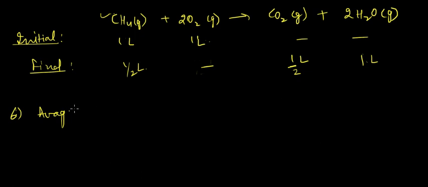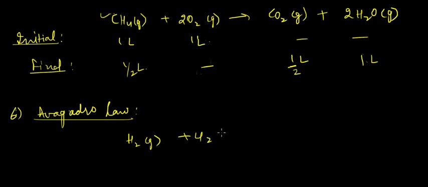Okay, so Avogadro's law. Avogadro's law is: equal volumes of gases under similar conditions of temperature and pressure contain the same number of molecules. Let's understand it with the help of an example. Hydrogen gas and chlorine gas combine to form 2 moles of HCl gas.